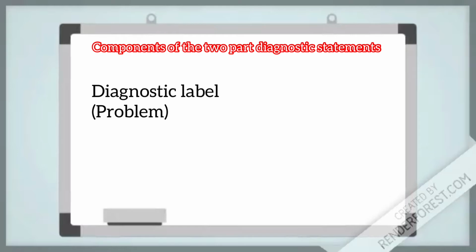But then it has a problem which we call here a diagnostic label. The diagnostic label here stands for the problem. And then the second part is the validation for a risk. Okay, so the validation for the risk diagnosis is also known as the risk factors that may cause the problem.